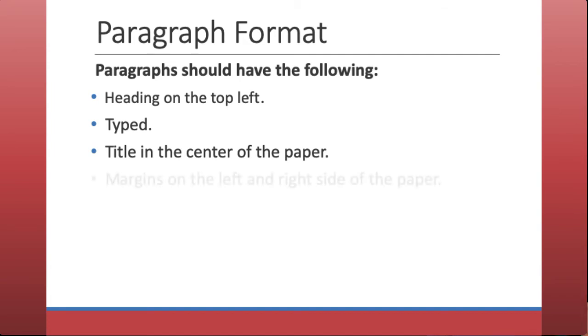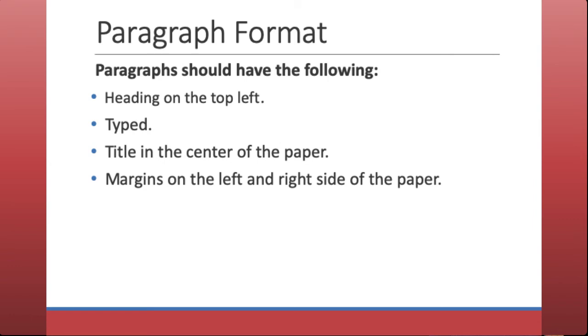And again, you want left and right margins. Now, if you're typing on a computer, your computer automatically can set those margins, and usually they're 1-inch margins. So you can go in and make sure before you even start typing that your paper is formatted with the correct margins and font size and standard font.